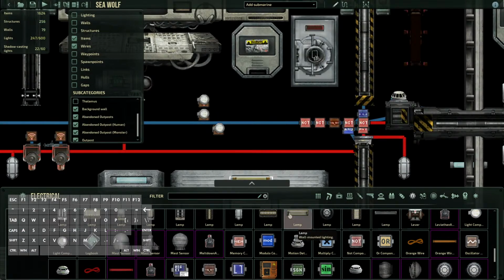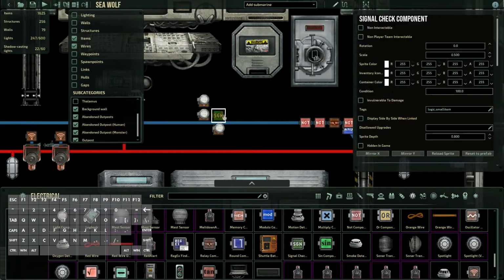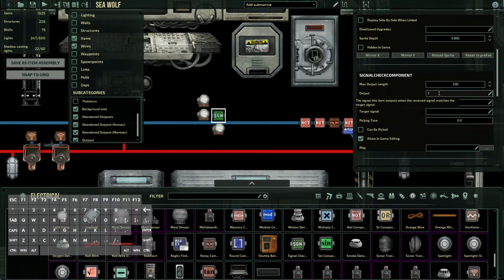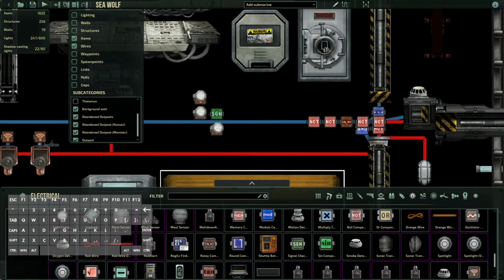No, we need a signal check. If the input target signal is 0, 255, 0, 255, 0, I'm going to say 0 out. And if it's true, then we're going to send something to this warning alarm.